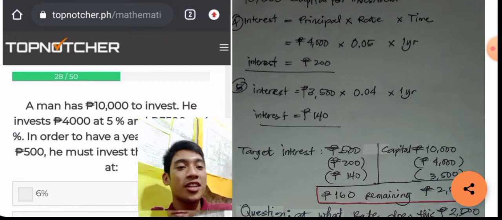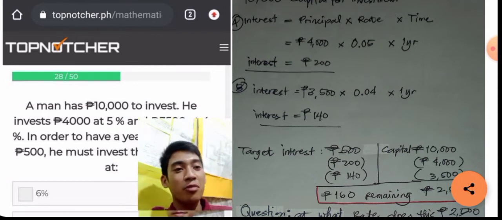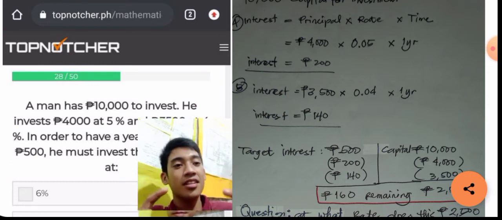The principal amount is 4,000 multiplied with 5%, which is 0.05, times 1 year. So 4,000 times 0.05 will give us 200 pesos. That is the interest earned from the 4,000 at 5%.